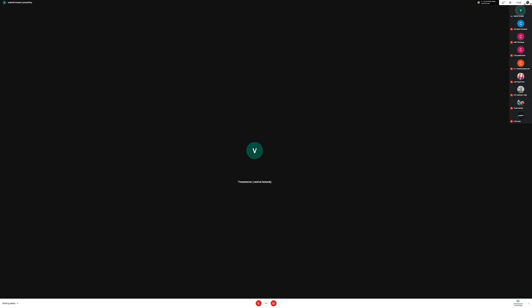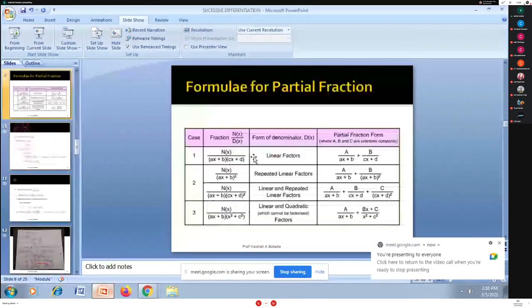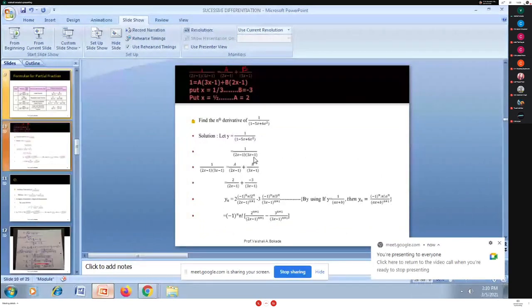So I started with successive differentiation. In that successive differentiation, where were we? Did I explain partial fraction, students? Yesterday, we had a class.